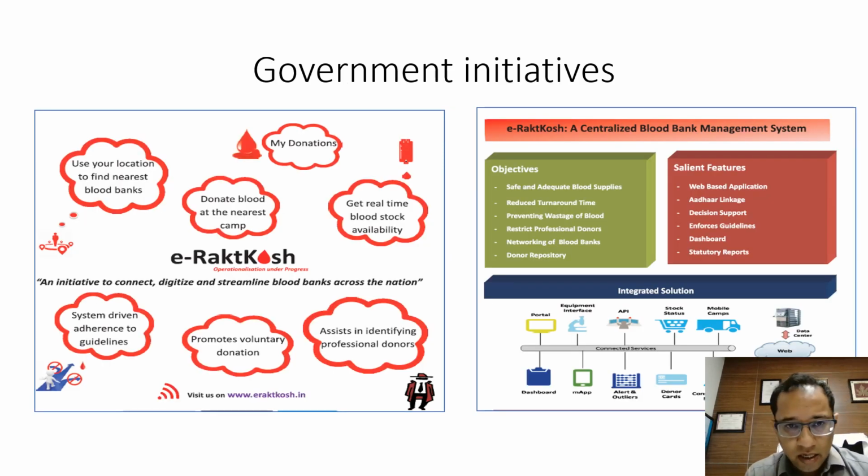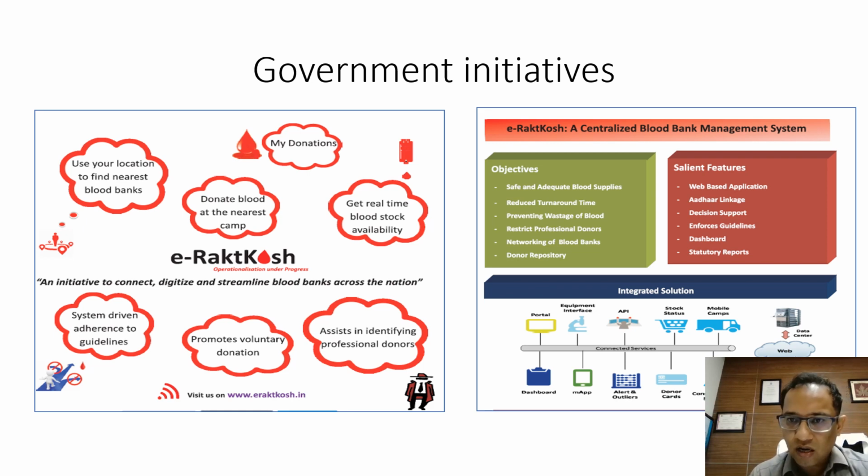There have been many government initiatives for this interface system. E-Raktkosh is one of the centralized blood bank management systems, based on objectives like safe and adequate blood supplies, turnaround time reduction, preventing wastage of blood, restricting professional donors, and networking of blood banks and donor repository. It is a web-based application with an Aadhaar linkage.